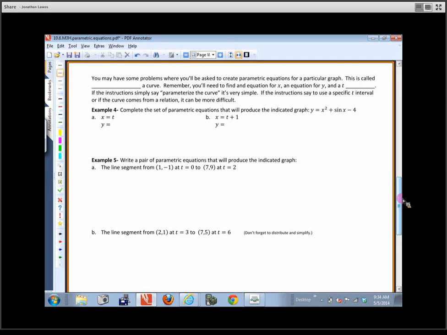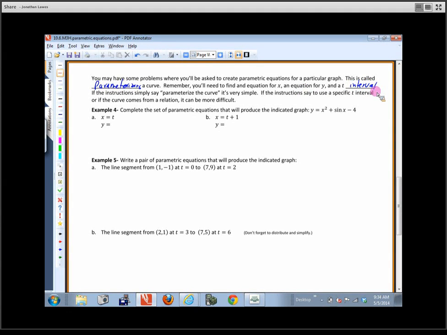Okay. So you've got a couple problems on your assignment that ask you to create parametric equations. This is called parameterizing a curve. In order to do that, you've got to have an equation for x, an equation for y, and again, what we call a t interval.